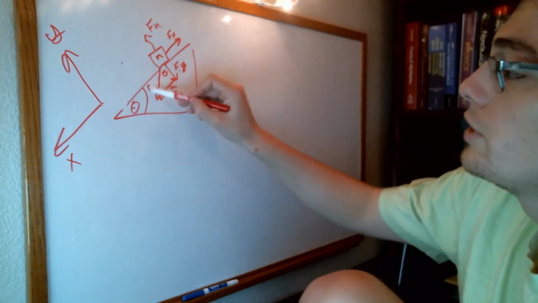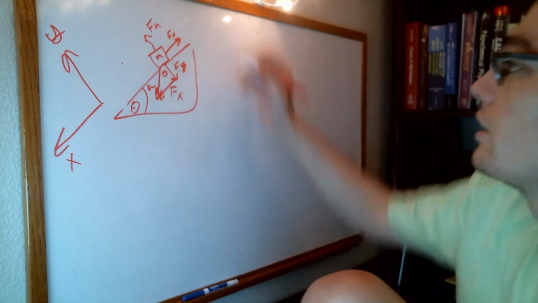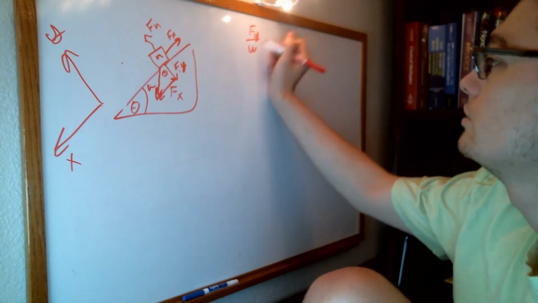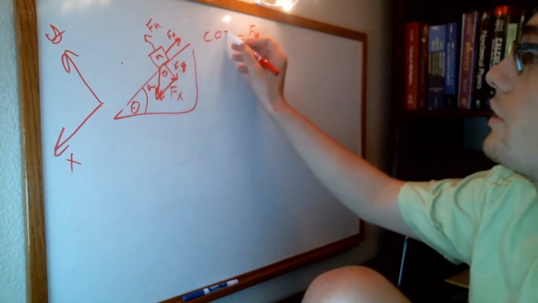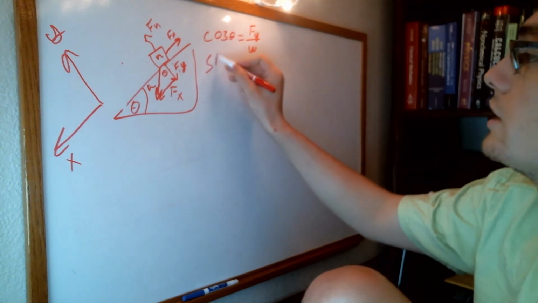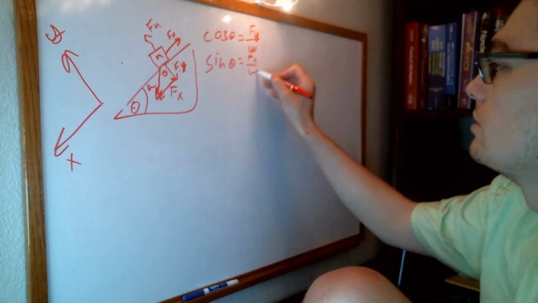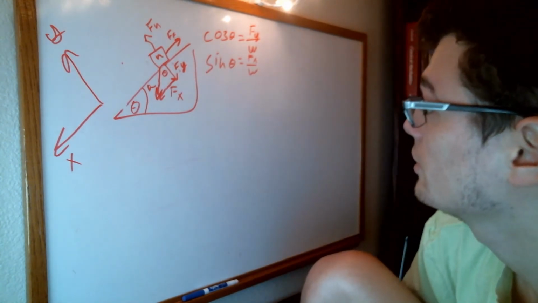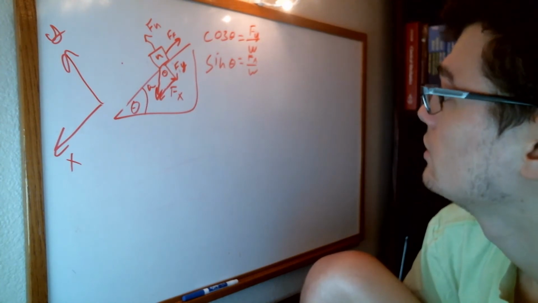But we do know a couple things about our trig identities. We know that Fy over W is going to be equal to cosine theta, and that sine theta is going to be equal to Fx over W. We're going to be using these trig identities basically all year, so I hope you guys have gotten used to them at this point.